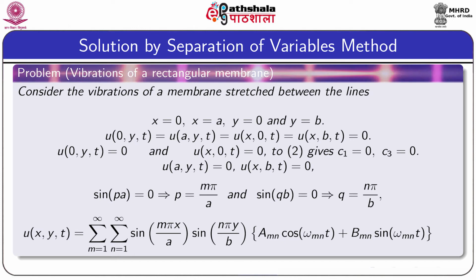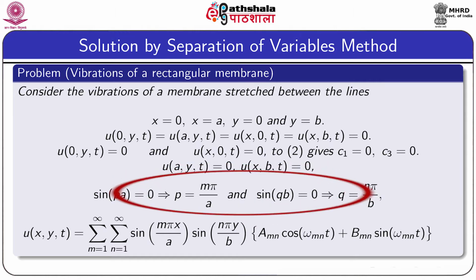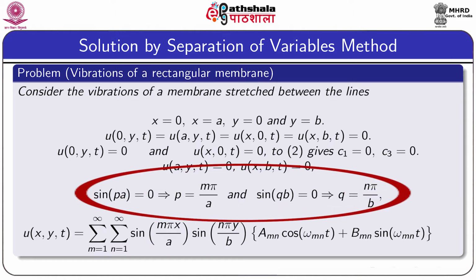We have two more conditions, which are u at x = a equals 0 and u at y = b equals 0. Now, u at x = a equals 0 gives sin pa = 0.